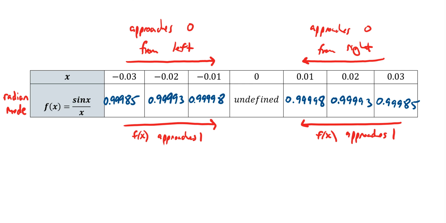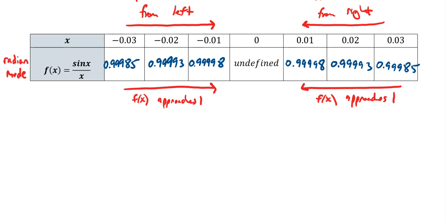Also notice that if you plugged in 0 into the function, sine of 0 over 0 is undefined. So this is another example of one that you can't just plug directly into the function. So what we would say for this answer is that the limit as x approaches 0 of sine of x over x equals 1.